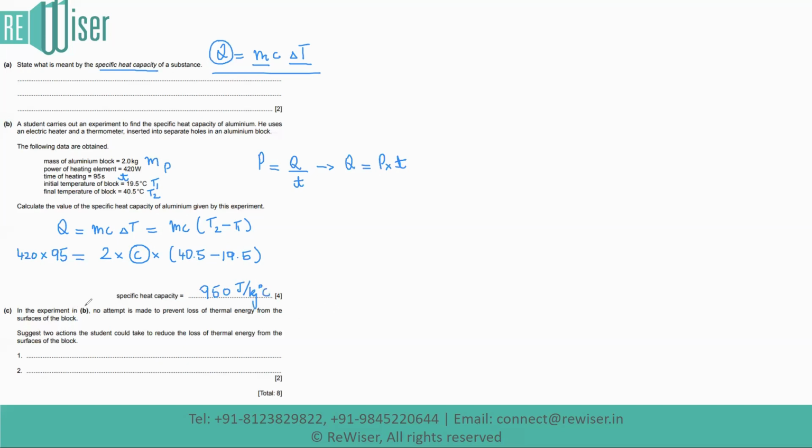In the experiment in part B, no attempt is made to prevent loss of thermal energy from the surface of the block. So just two actions that the student could take to reduce the loss of thermal energy from the surfaces of the block.